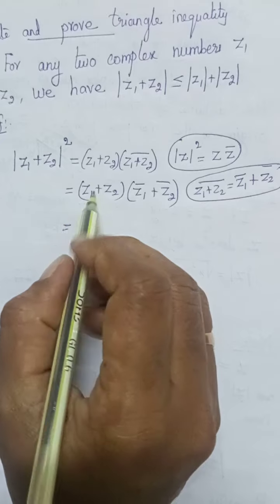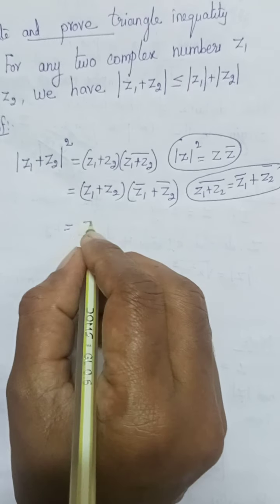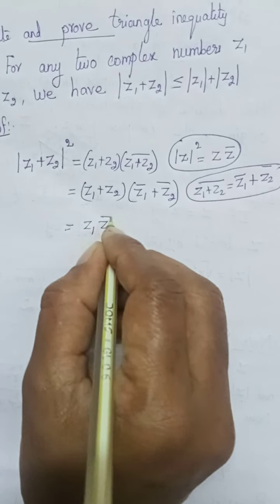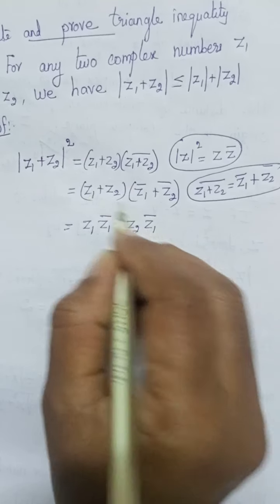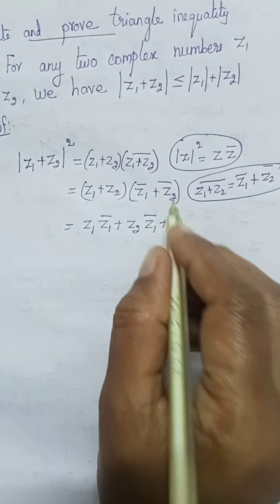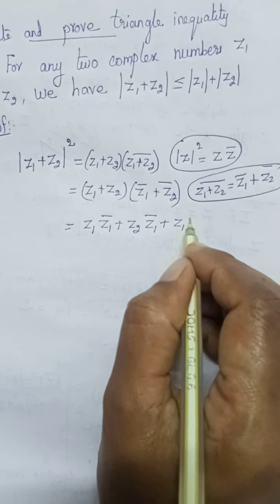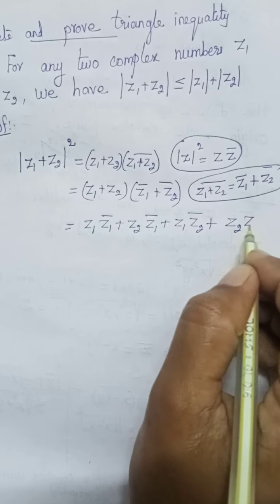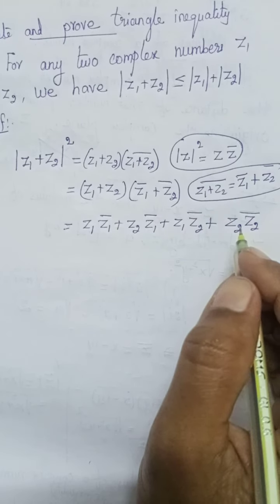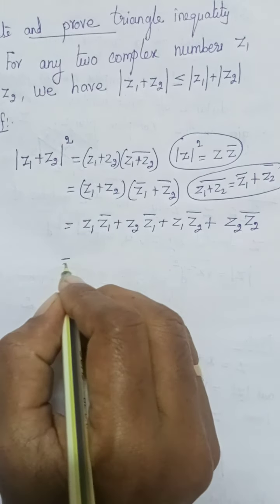Now, ordinary multiplication. Multiplying it, we get Z1 into Z1 bar plus Z2 into Z1 bar. Now multiply with Z2 bar: Z1 into Z2 bar plus Z2 into Z2 bar.